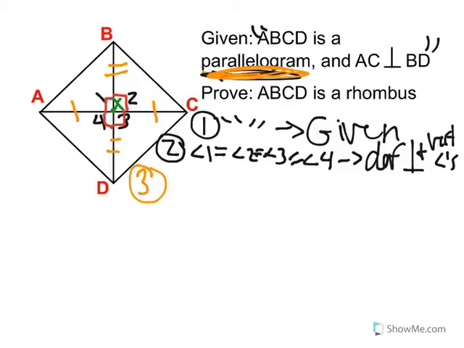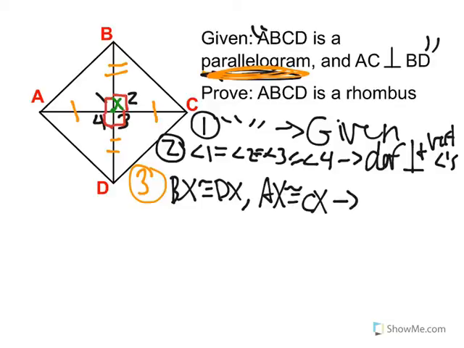So BX is congruent to DX, and AX is congruent to CX. And that is a parallelogram property. We can use that because we know the shape is a parallelogram. They told us that in the beginning. So we can use all the parallelogram properties that we know.